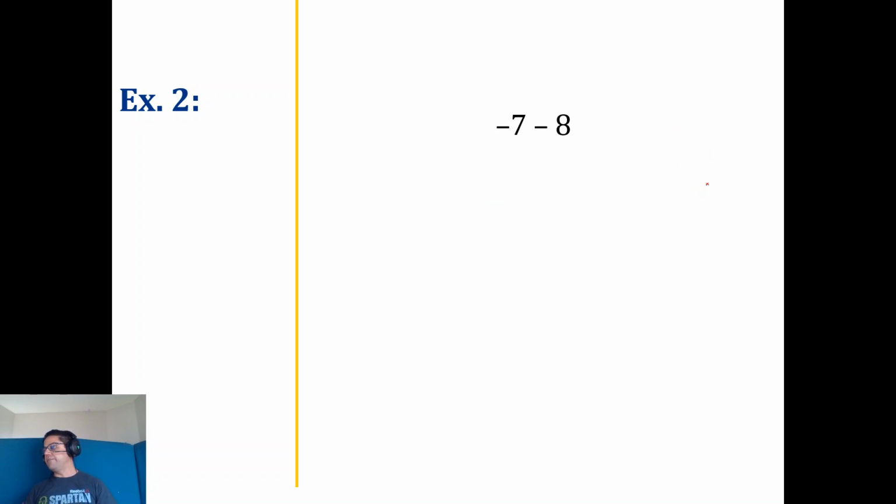All right, negative 7 subtract 8. So according to my adding the opposite, the first integer stays the same, negative 7. Change the subtraction to addition, and the second integer becomes the opposite. So we now have negative 7 plus negative 8. And it looks like this. If you want to, you can use a separate color just like that to indicate that it is changing.